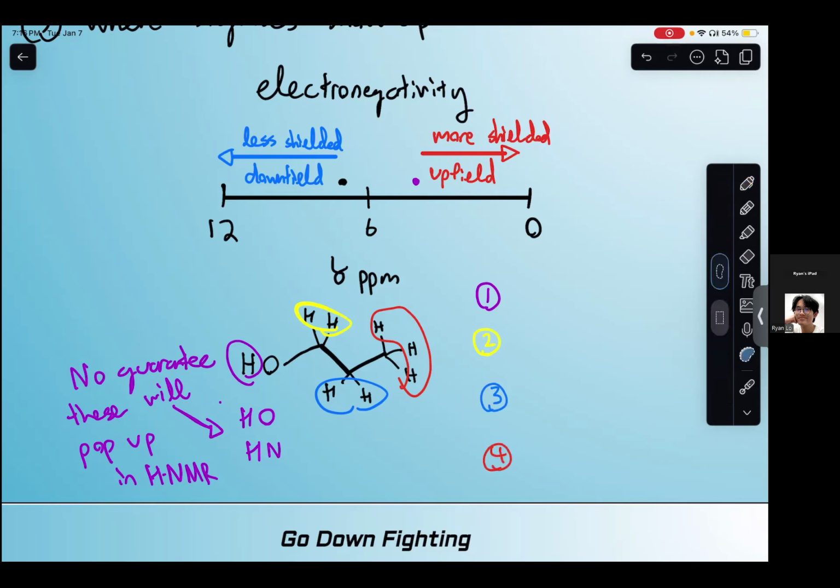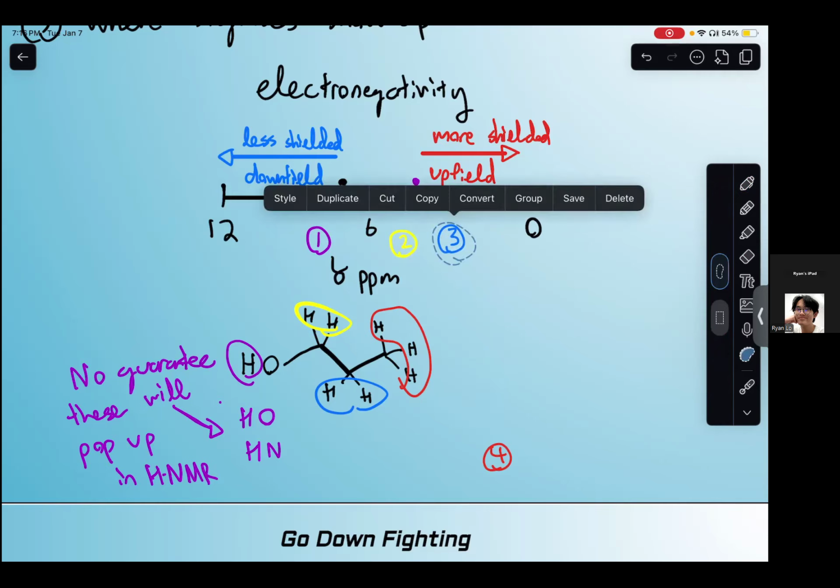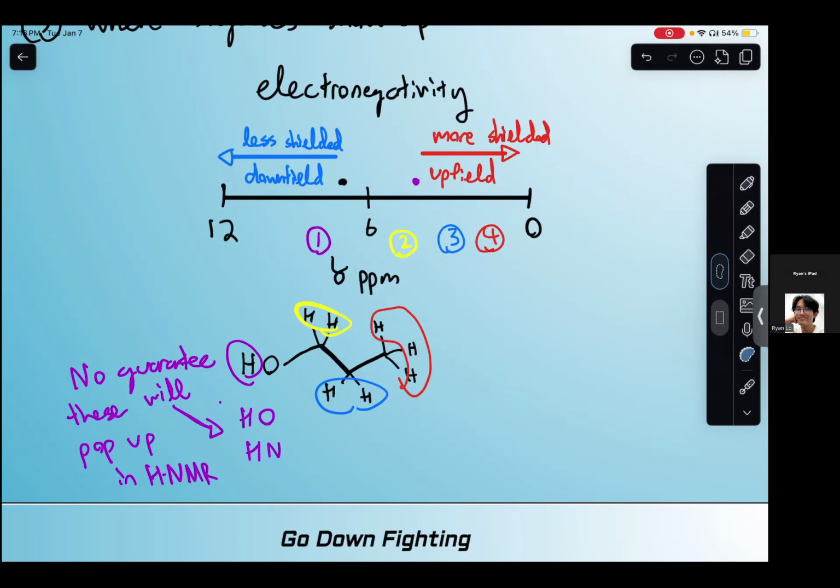This is not accurate to scale, but you'd find them something along the lines of this: purple furthest to the left, yellow somewhere there, and then blue somewhere here, and red over here. Keep in mind, this isn't where these will normally show up. I'm just showing you that the most downfield will generally be the closest to the electronegative atoms.